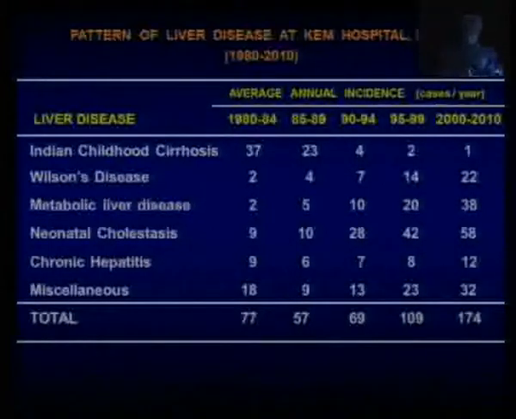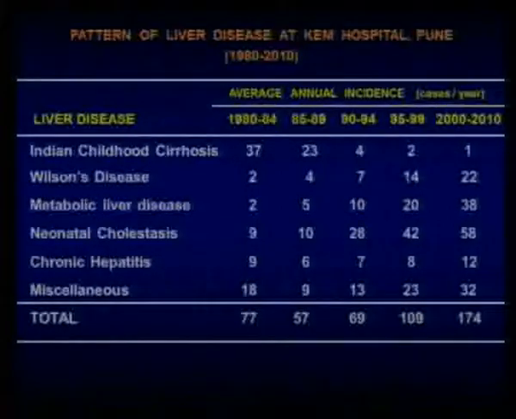We see a large number of Wilson's disease, which is a metabolic problem. We see other metabolic liver diseases, the glycogen storage diseases, the galactosemias, the tyrosinemia, etc. So almost 35 to 40% of the hepatology work in pediatric practice is related to metabolic liver disease. It is a significant amount of work which pediatric hepatologists have to see day to day.